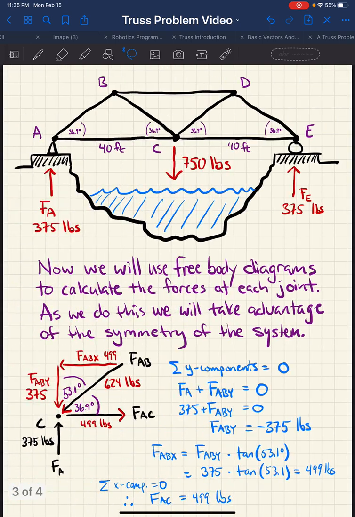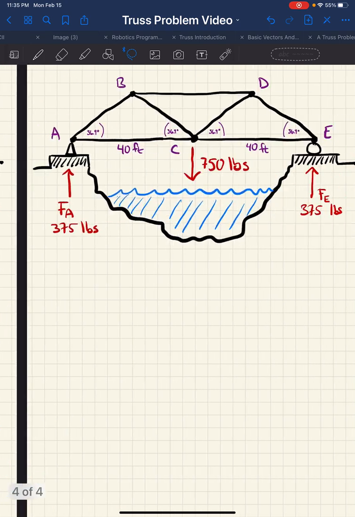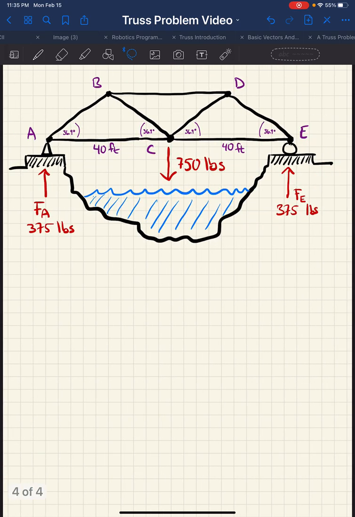Now if we come back here and look, we have 624 for FAB, and FAB is going that way, which means FAB was in compression and it's pushing out against that compression.